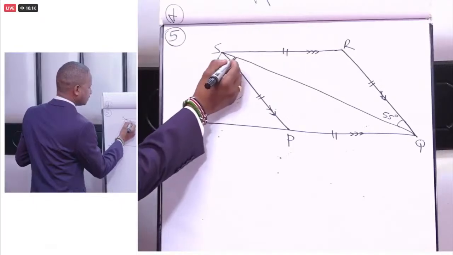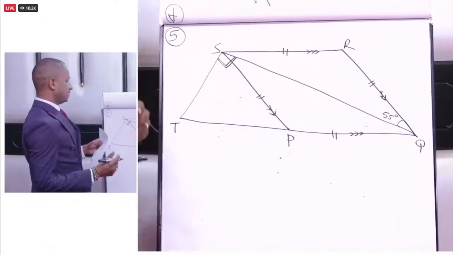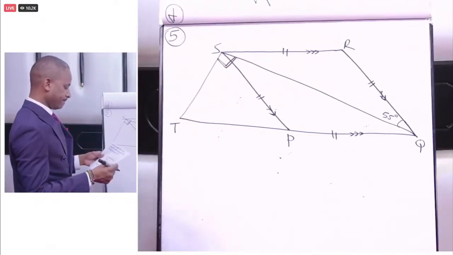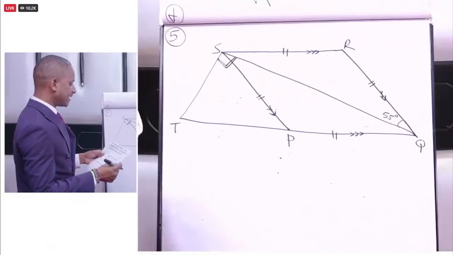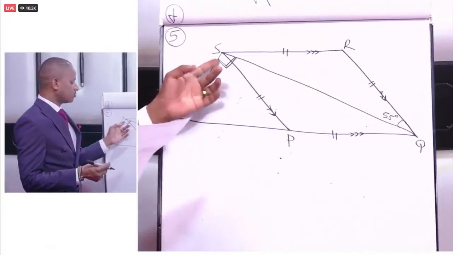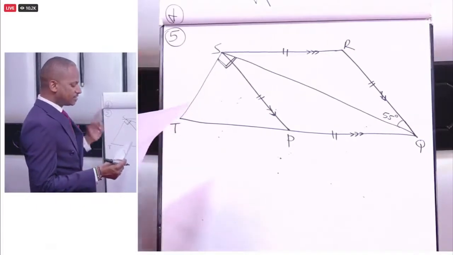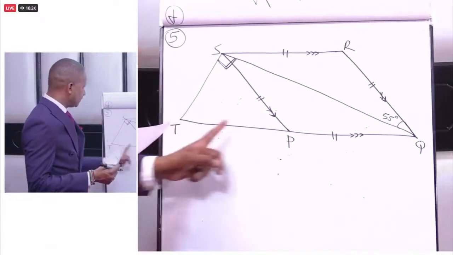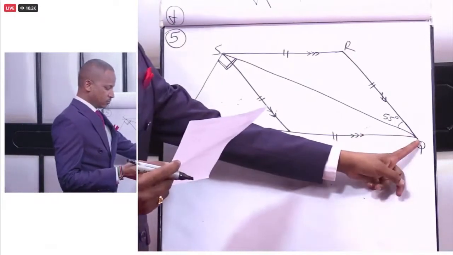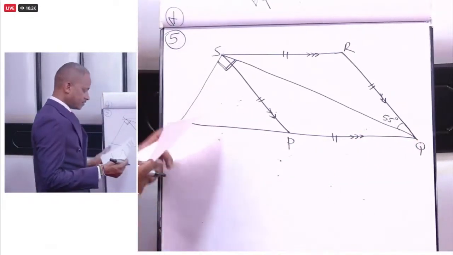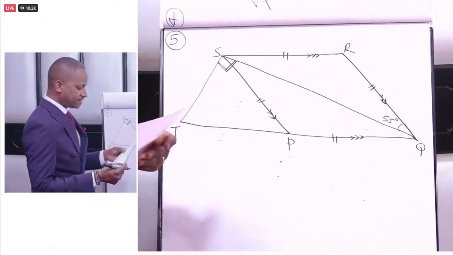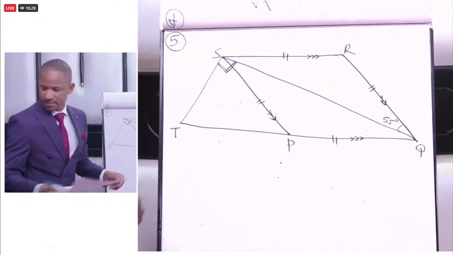It is a right angle. Right angle means it's 90 degrees. And TPQ is a straight line. Good. Find the size of angle STQ.